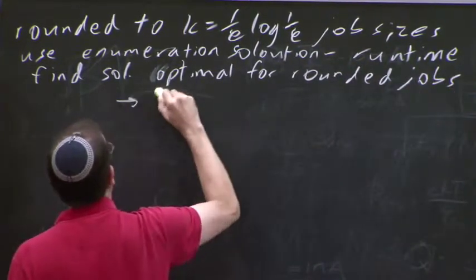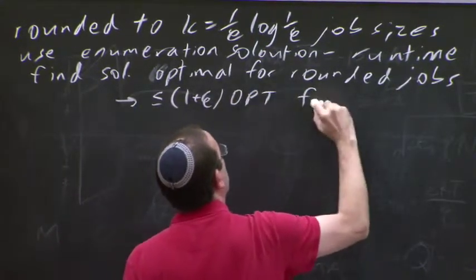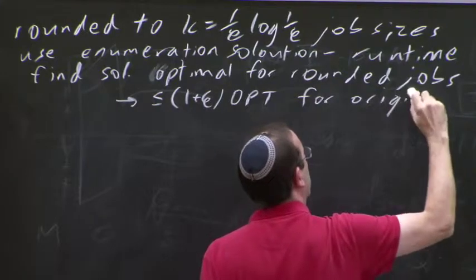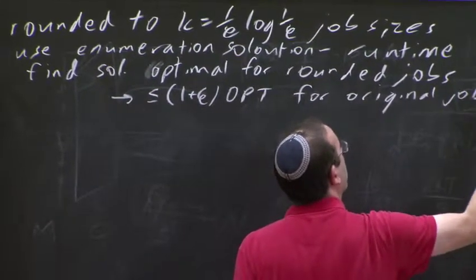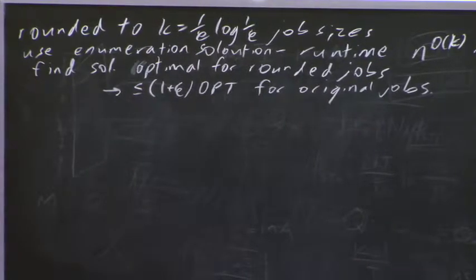And that means that it is less than or equal to 1 plus epsilon times optimal for the original jobs. And that's the end, right? I find a solution that is within 1 plus epsilon optimal of the large jobs.